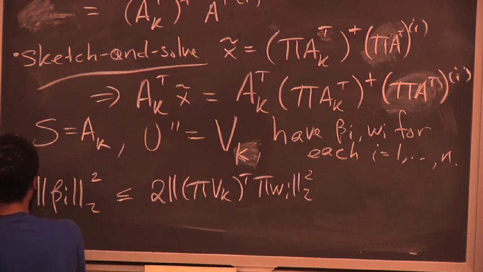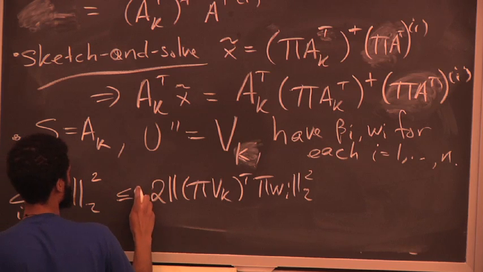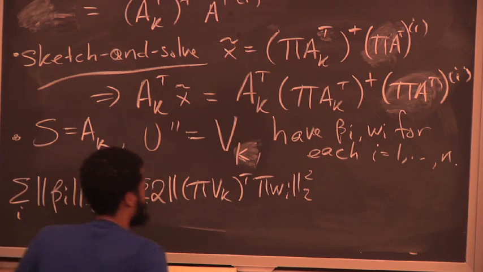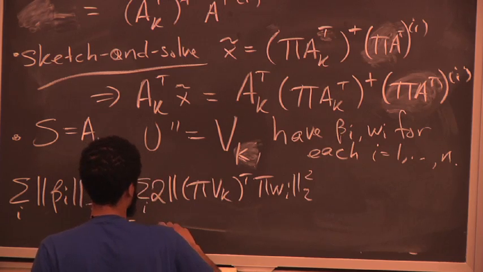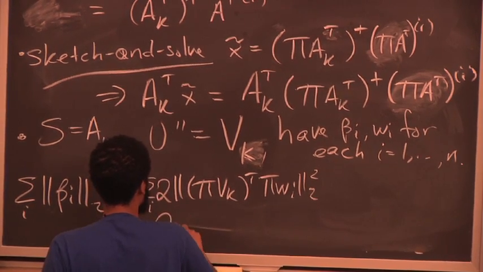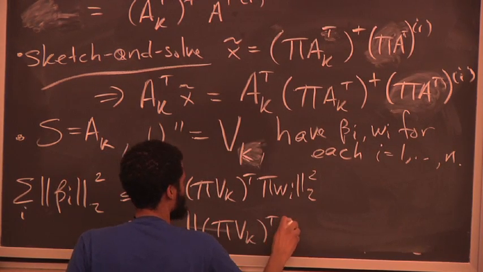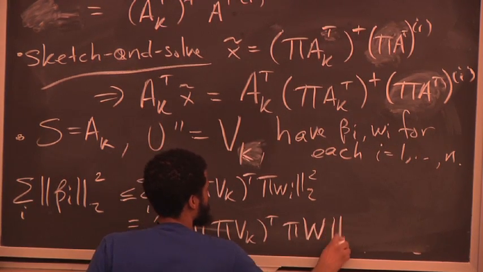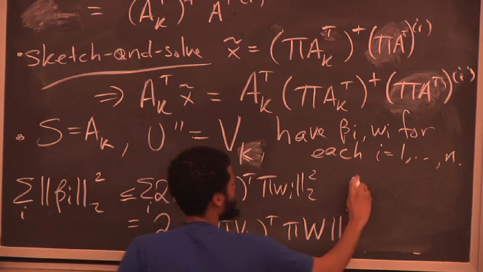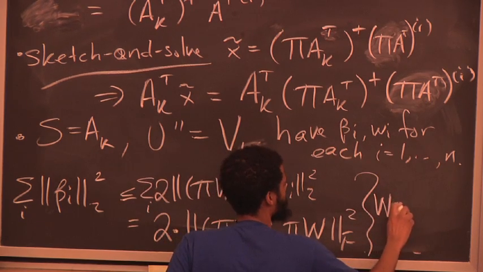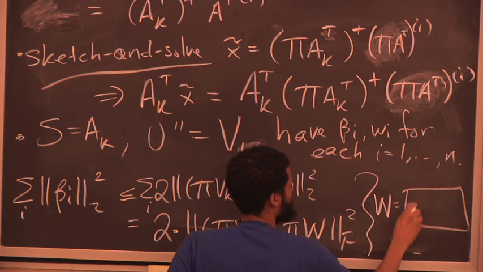Right? So if I sum over I now, I can write this as 2 times the Frobenius norm squared of pi VK transpose pi capital W, where W just has WI's as its columns.